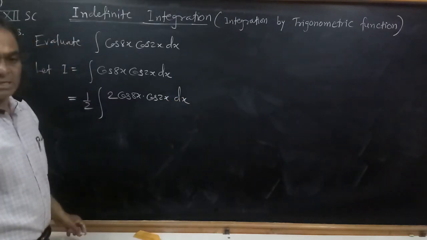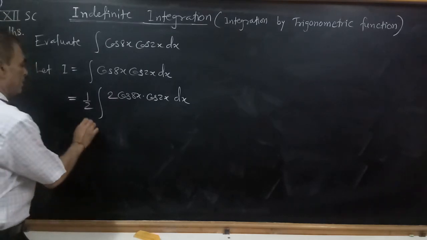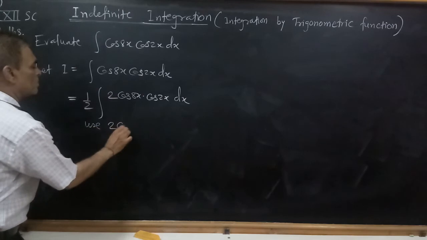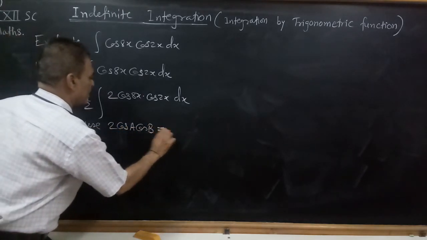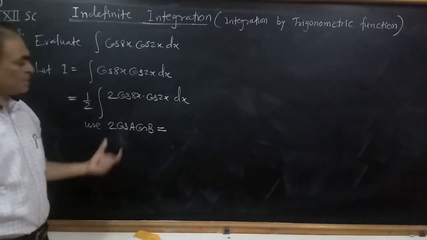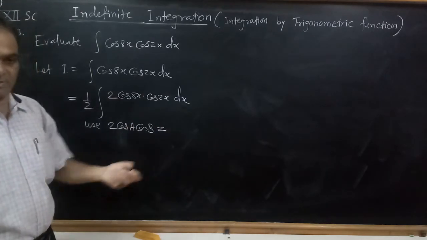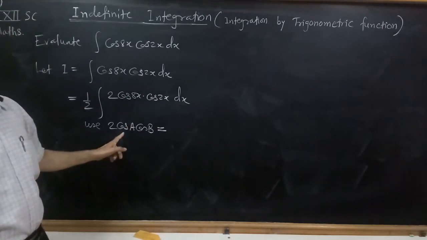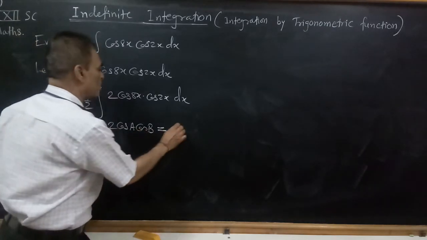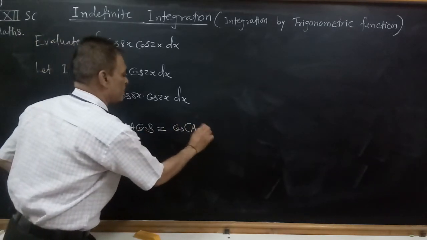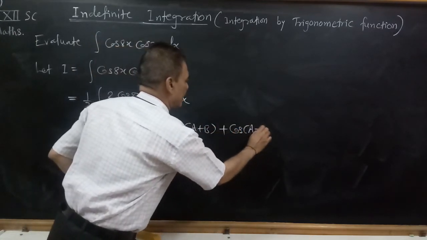And remember students, what is this integrand quantity? Use 2 cos a cos b is nothing but what? Express this quantity in terms of sum or difference. 2 cos a cos b is equal to cos a plus b plus cos a minus b.